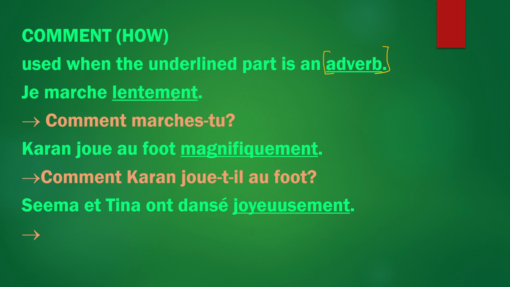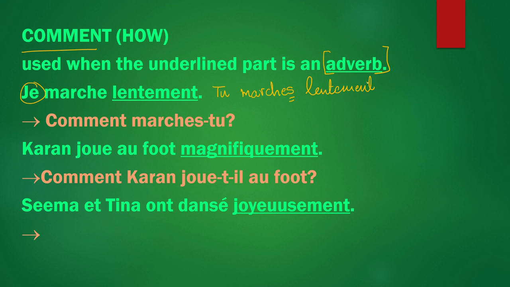Lentement is an adverb, so you will be using the question word comment. So comment comes at the start. Now je marche. Be very careful here. Je marche is I walk slowly. So your question will have to be how do you walk? So je has to change to tu. So do it systematically. First make it as a normal tu sentence. Tu marches will take an extra s because it's an er verb, and then you have lentement.